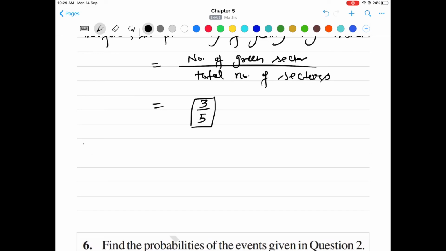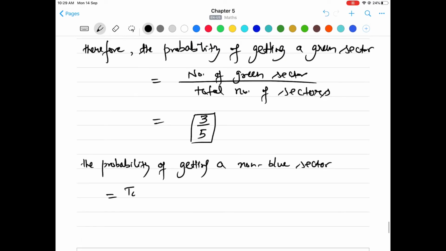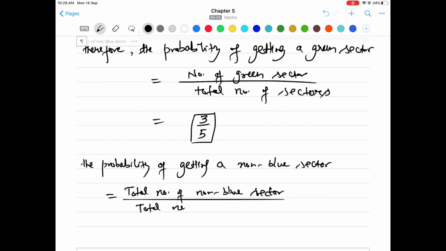So that is, the probability of getting a non-blue sector will be given by the total number of non-blue sectors divided by the total number of sectors.